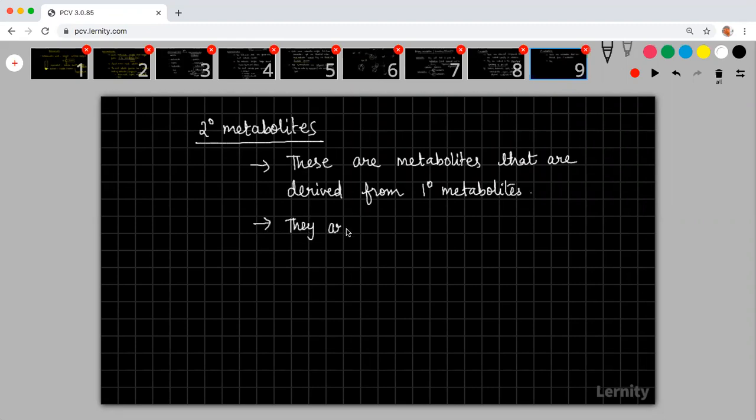They are essential for the functioning of the cell, but not understood clearly.